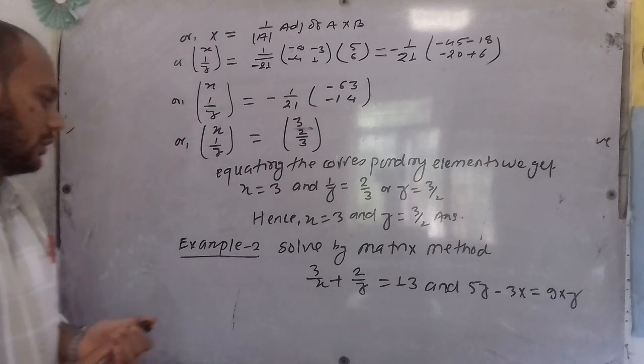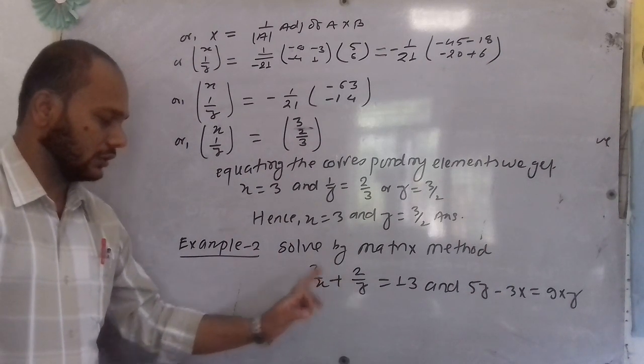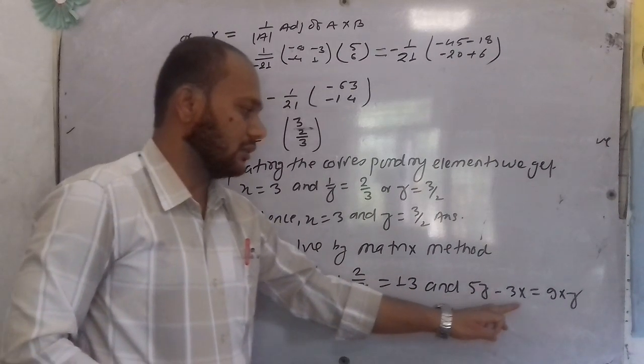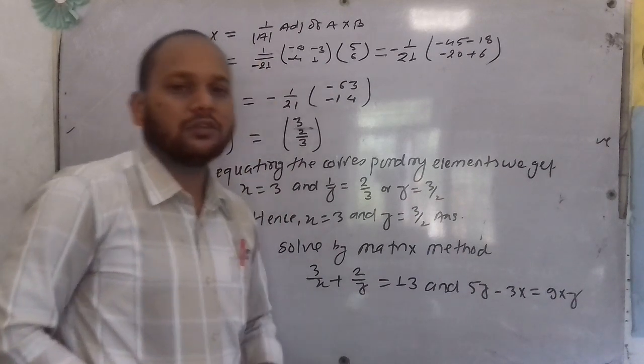Now my dear friends, here we have in the second example 3/x + 2/y = 13, and 5y - 3x = 9xy. Now how do we solve these types of equations by using the matrix method?